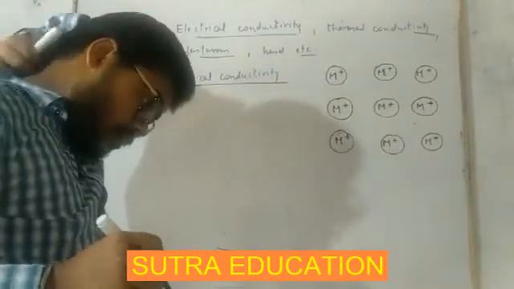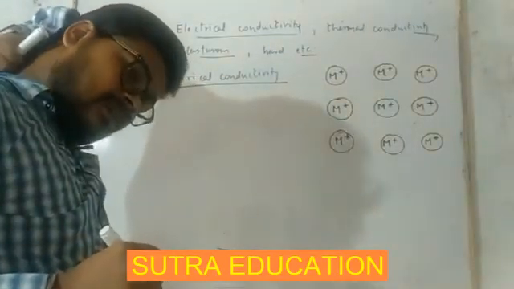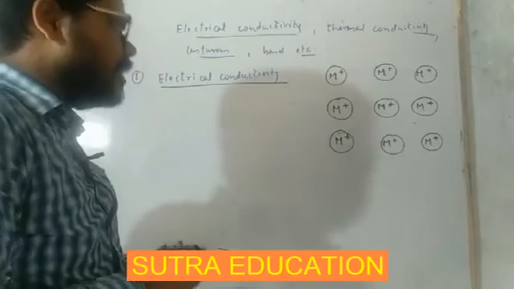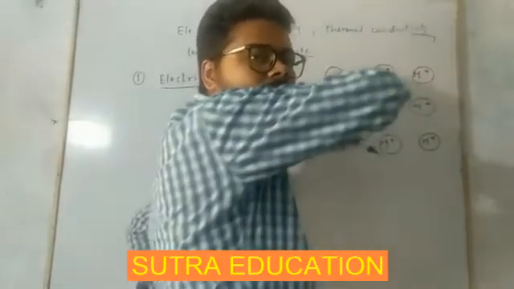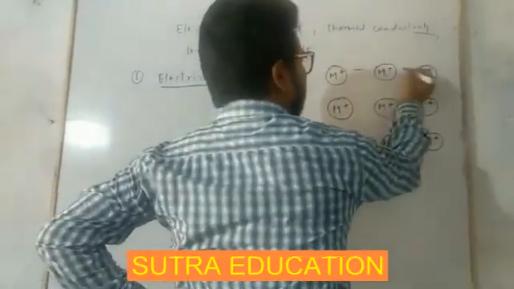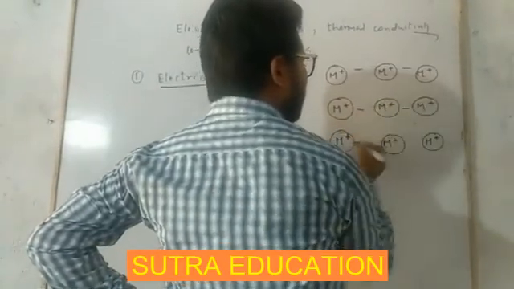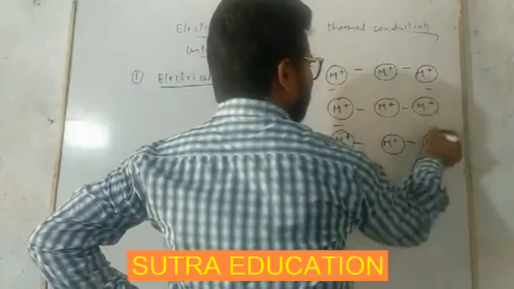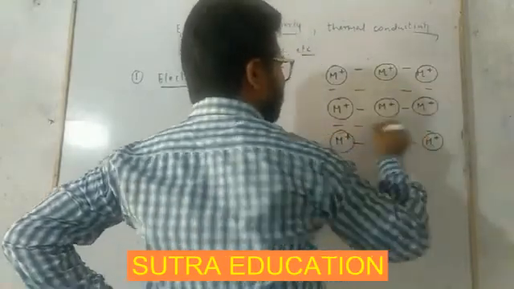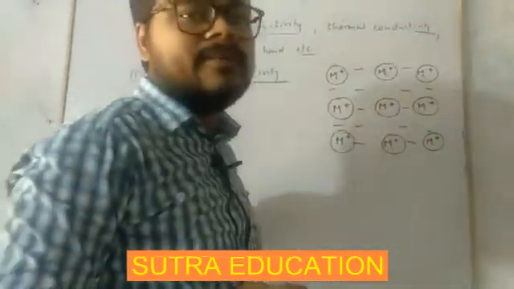And I told you electron sea is present everywhere. Means the valence electrons which came out from the metal atom are in bulk, or more in numbers. That's why these are known as electron sea.